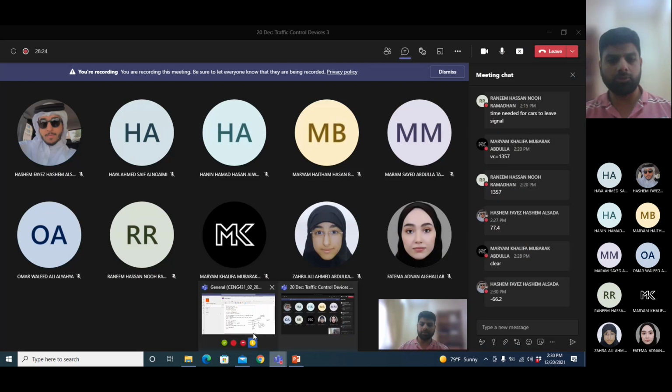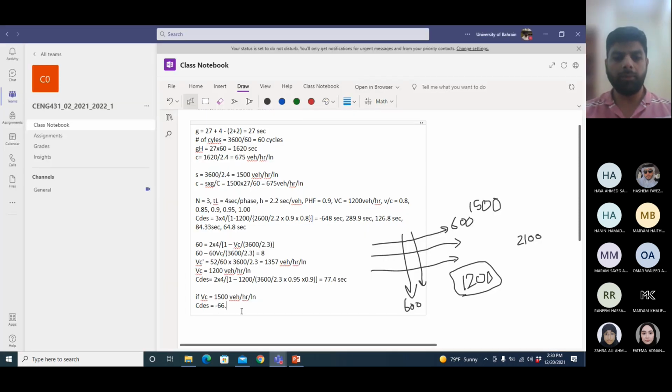Minus 66.2 seconds. A minus value indicates an impractical set of values, meaning the combination of values you have taken to calculate C desirable is not valid, not possible. In the example we did last Tuesday, we fixed that problem by changing the V by C ratio. Here, if somebody did not restrict us about the number of lanes, we could have played with the number of lanes as well.